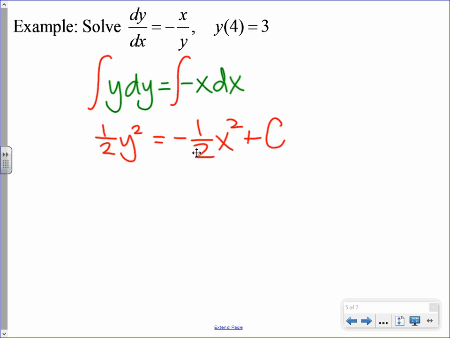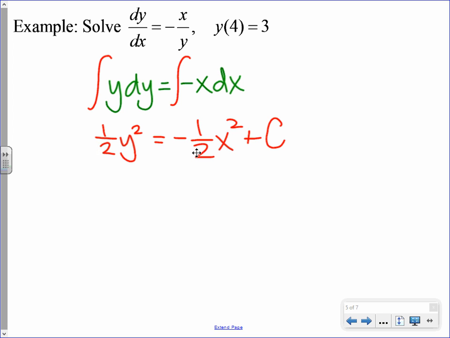Okay, here is where our plus c's could be different depending on where we decide to plug in. Some of you may decide to find c right now, and your c would be different until you solve for y. Some of you may choose to go ahead and solve for y and then worry about that plus c. I'm going to go ahead and find the general solution first, and then we can worry about our plus c.